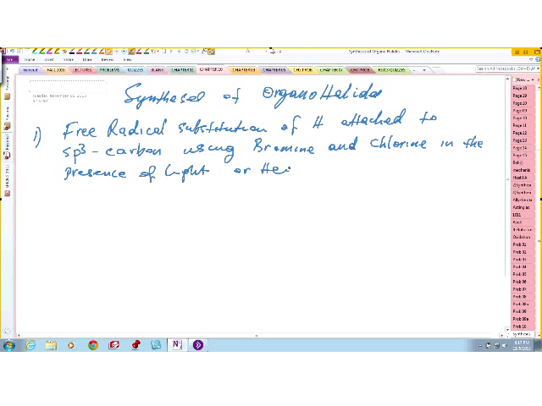Okay, so that is one method. We are going to go into details with that subsequently.